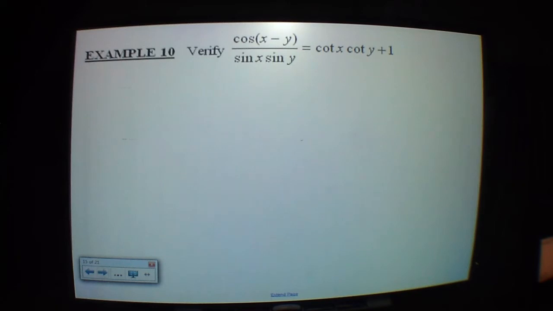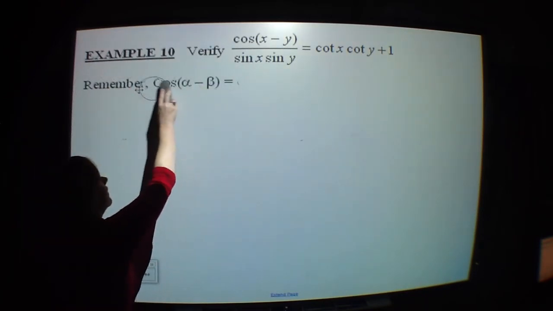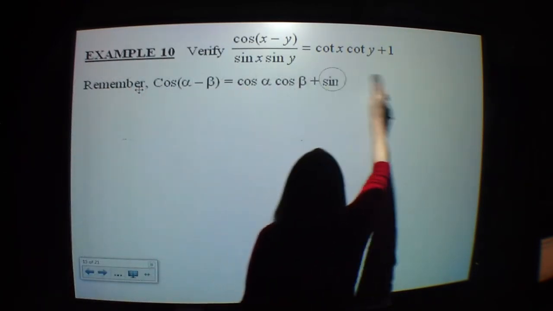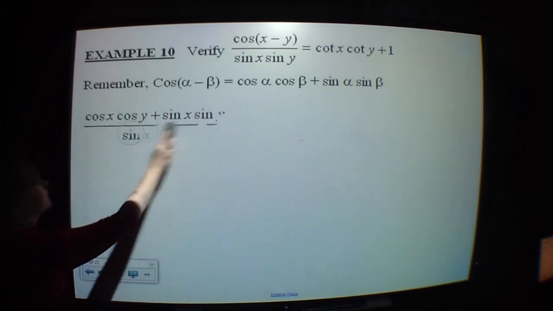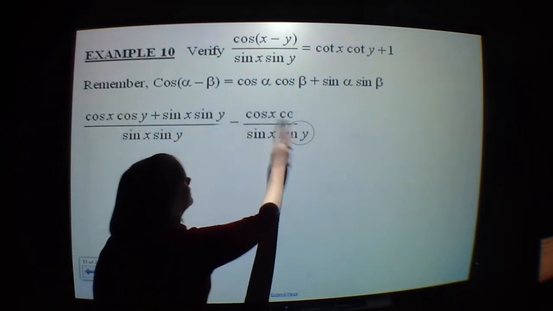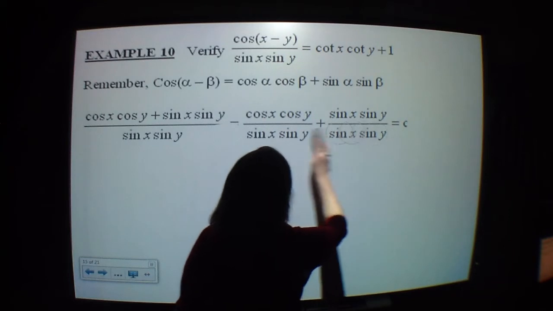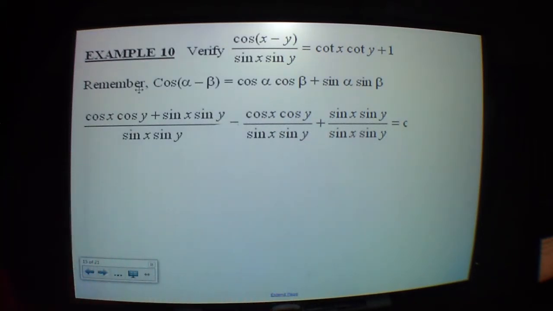Another example, verify. Same idea, do a substitution. Remember that the cosine of alpha minus beta is equal to cosine of alpha, cosine of beta, plus sine of alpha, sine of beta. So now that you know that, do a substitution. Rewrite it as two fractions. And now, when you're looking at it, does anything cancel out?